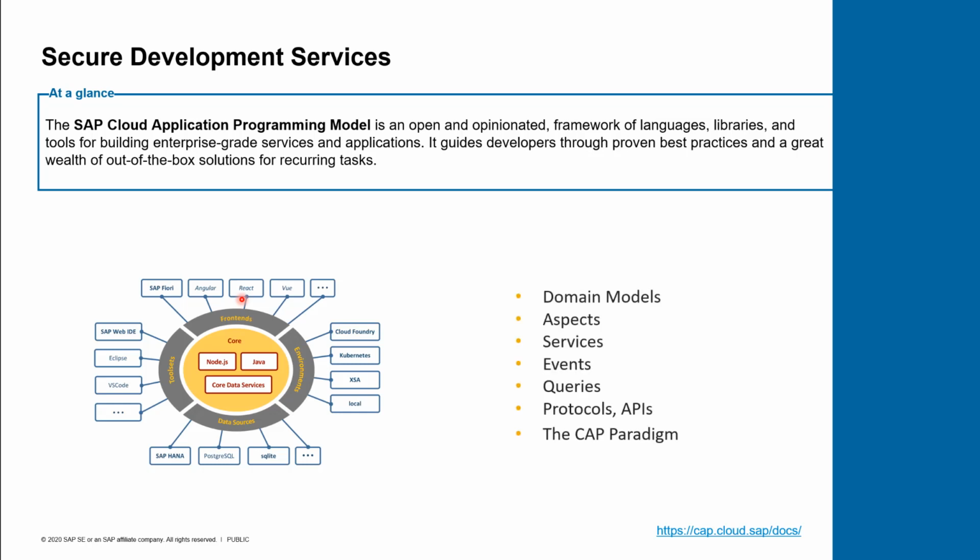What is the Cloud Application Programming Model about? It's about domain models, for example, modeling your data structure. It's about aspects. You can extend and override information. It's about services. Services is everything that is active.